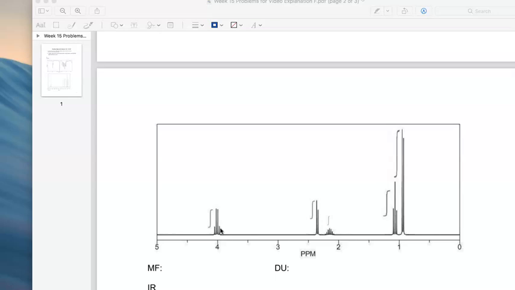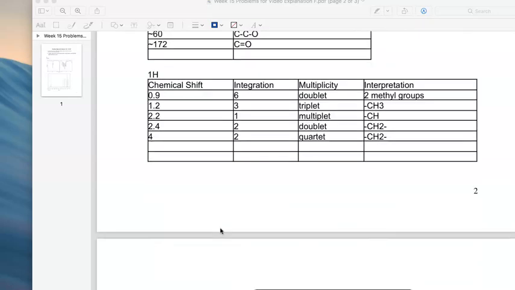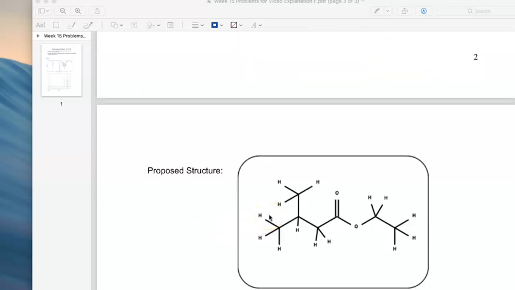So looking at my proposed structure here, we'll have different signals. These hydrogens here will be one signal, this one will be signal 2, signal 3, these will be signal 4, and then signal 5.